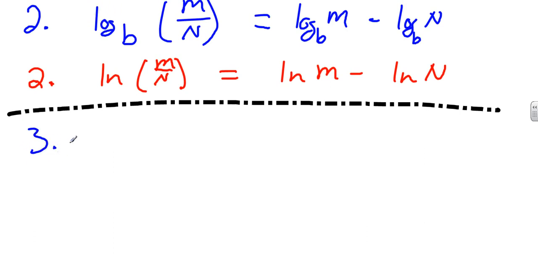And then the last property. If you have log of, and again, the base really doesn't matter what it is, but if you have some number or something to a power to expand it, now this is the one where you don't actually use the log word more than once when you rewrite it.